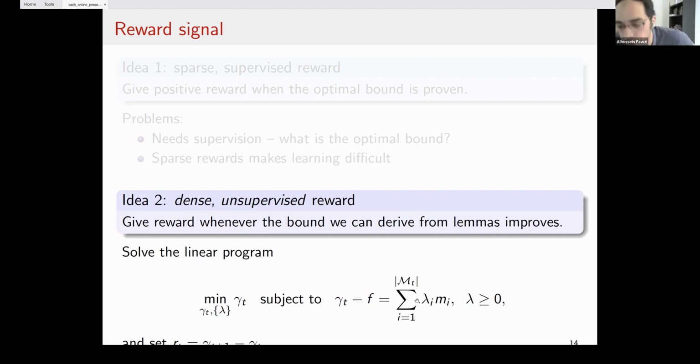The idea is to combine all the lemmas that you have in your memory in a linear way, such that gamma t provides an upper bound to f. At each step, I'm asking: now that I have these elements in the memory, what's the best bound I can get from these? This is gamma t. I store it, and take the difference between this gamma t and the previous gamma t, which tells you how you're doing in terms of this new action.